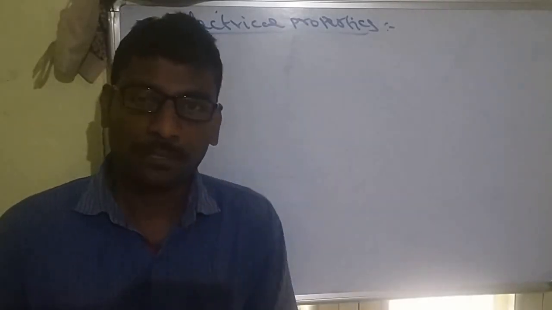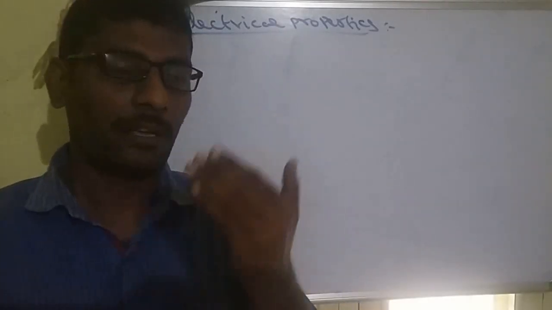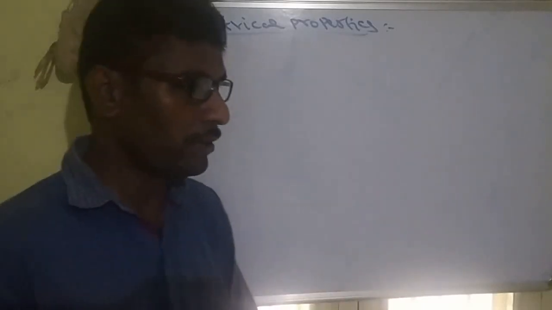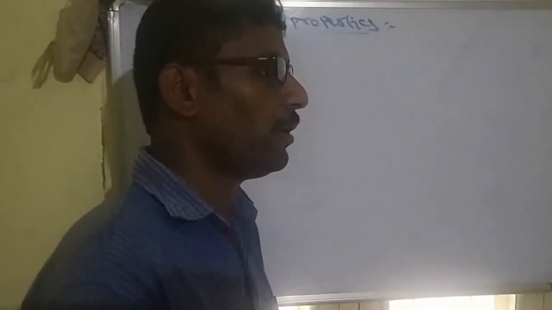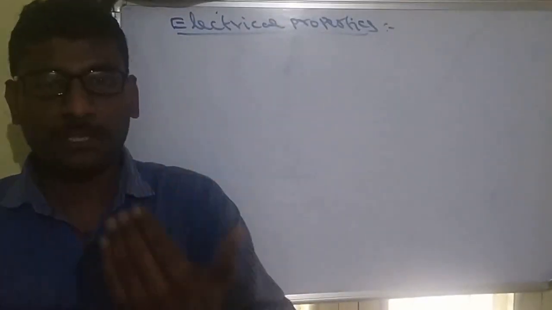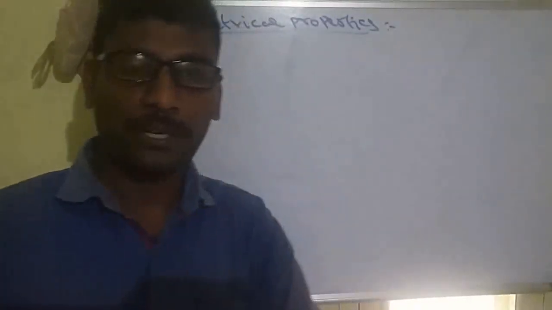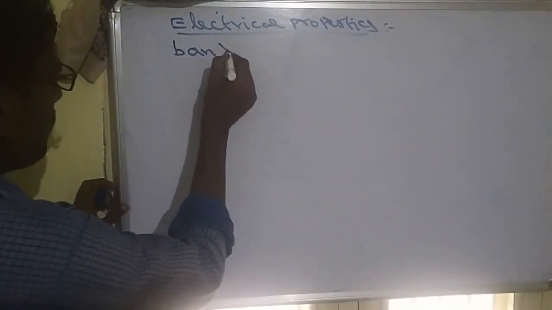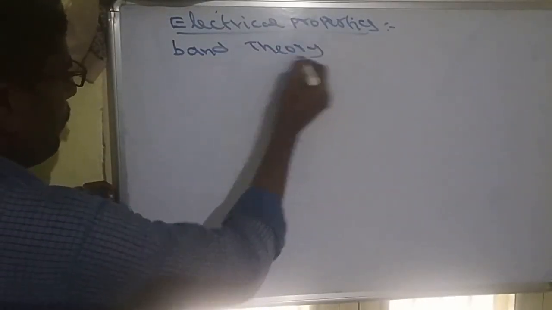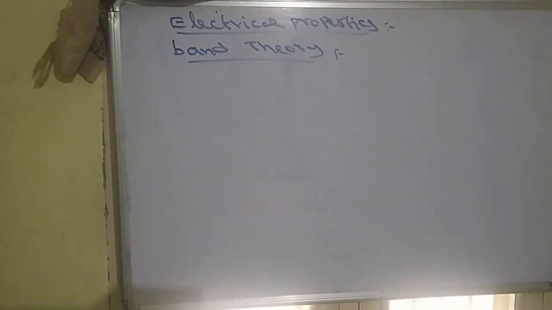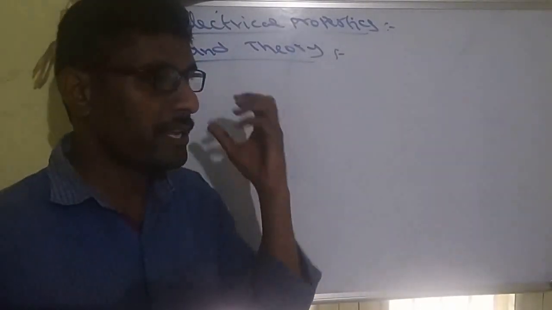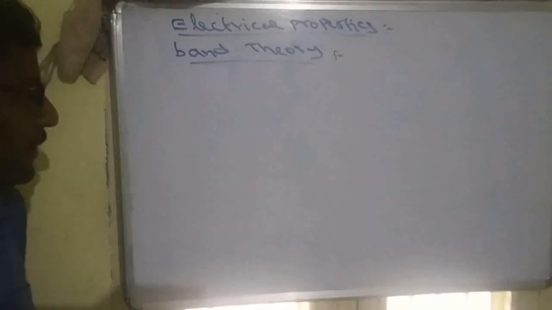Insulators do not conduct electricity, the conductivity is very low. In between are semiconductors. The conductivity of solids can be explained by one theory, called band theory of solids. Band theory explains the conductivity of solids.